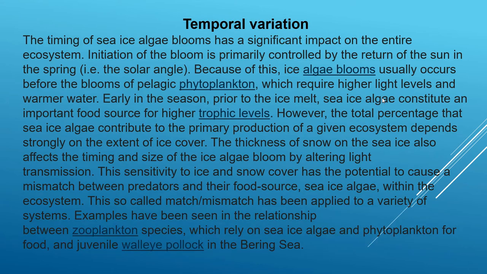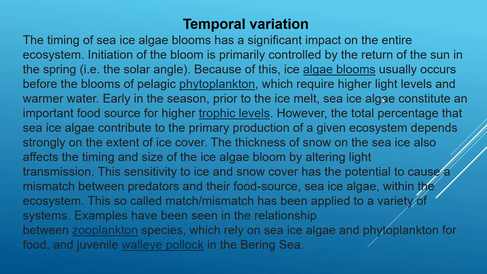So in other words, if, for whatever reason, the sea ice melts and the algae bloom later, then when the walleye pollock are getting ready to feed, there's not going to be enough zooplankton for them to feed on because the primary productivity has not yet occurred.